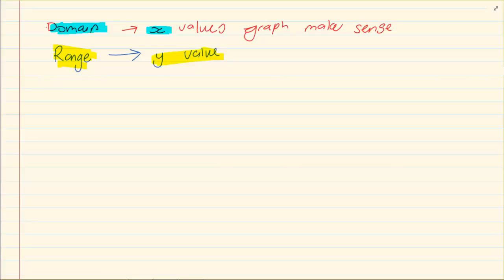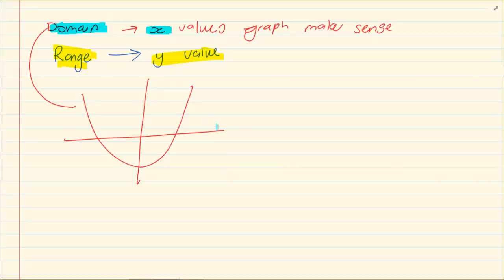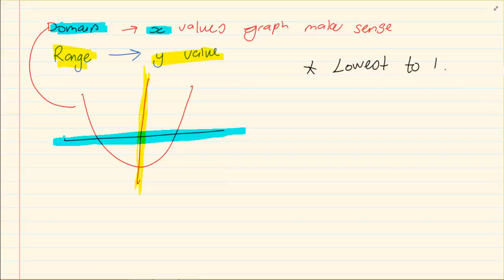So when you are talking of domain and you are looking at a graph, then we are looking at the x line. But when we are talking of range, then we are looking at the y line. Also, what is important is that when you're working with domain and range, it is always lowest to highest.